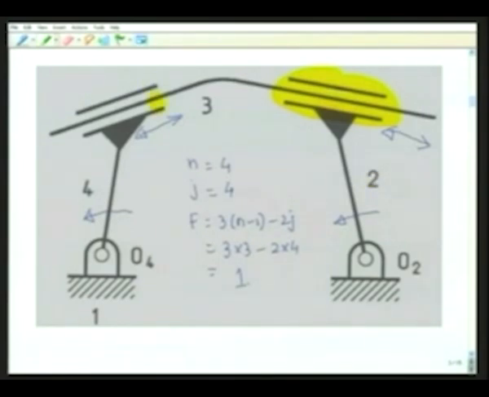Similarly, there is a prismatic pair here between link 3 and link 4, so there cannot be any relative rotation between link number 3 and link number 4. Consequently, there cannot be any relative rotation between link number 2 and link number 4, both of which are in translation with respect to link number 3. Now, what is the implication? That there is no relative rotation between links 2 and 4. Both of them rotate, but they rotate by the same amount, so that there is no relative rotation.